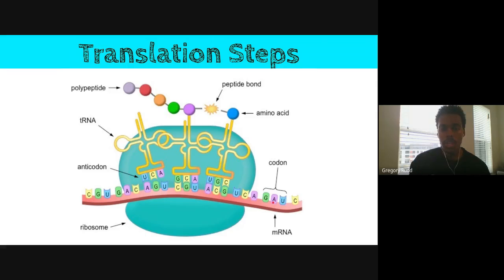Your mRNA strand is made up of all these nitrogen bases, C, G, A, C, U, G, C, A, U, G, C, U, G, A, C, A, G, U, G, C. But we don't read them one by one. We read them in groups of 3s called codons. And when I say we read them, I'm talking about this big blue ribosome. So the mRNA strand is pulled through this ribosome, and the ribosome is reading these codons.